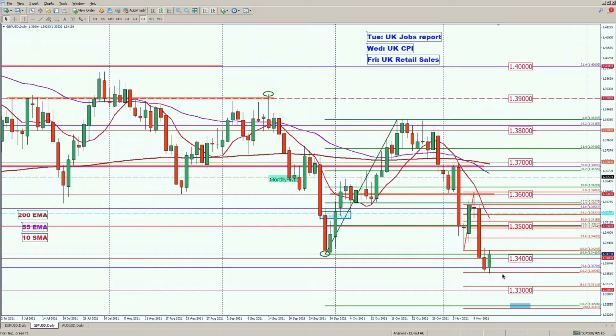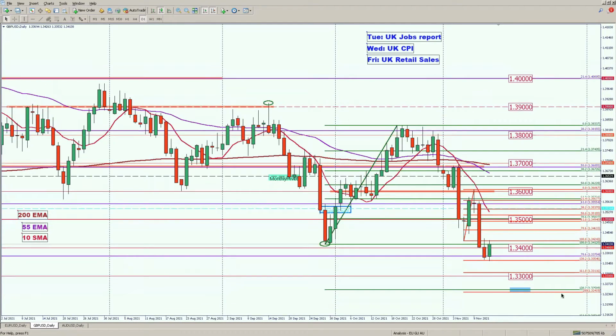So if it does continue to fall again, it will drift down towards the 133, and then the 200 fib extension also closely aligned with the 138 fib reversal at the 132.42 level.